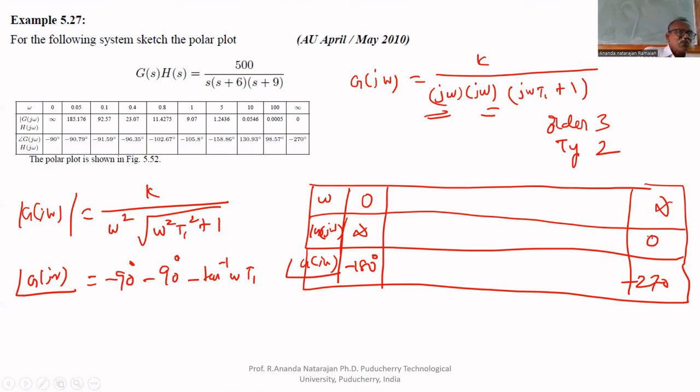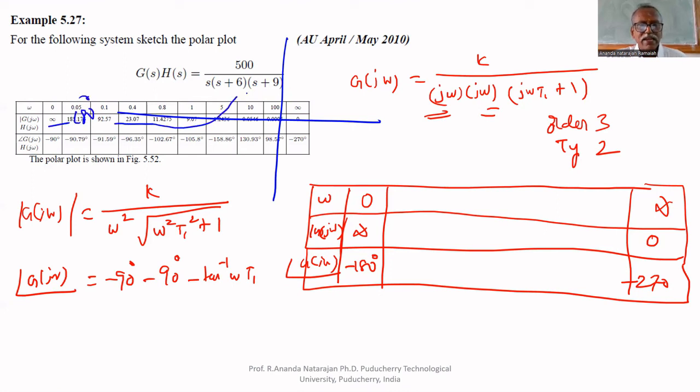Always it ends at 0, but the angle is different. Third order means 270. But type 2, that's why it starts at minus 180 degrees and ends at minus 270. Type number 2, order 3.